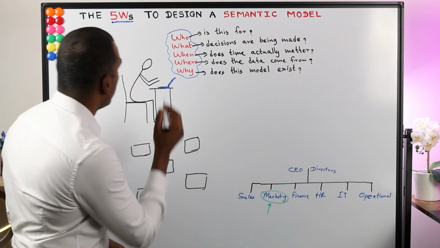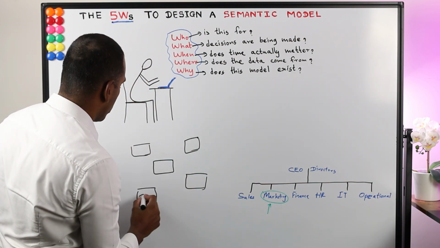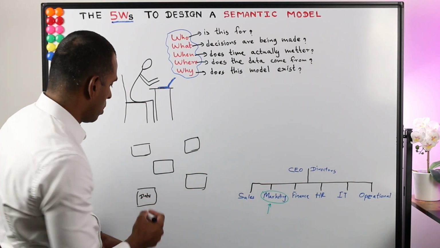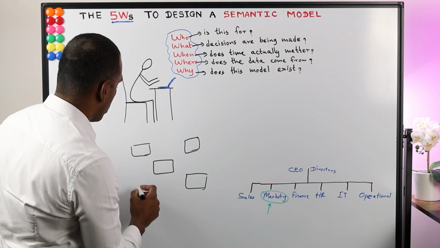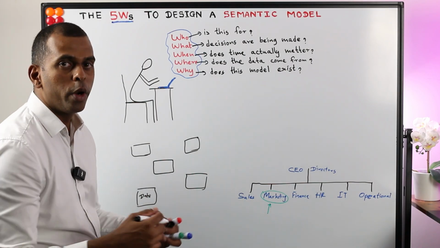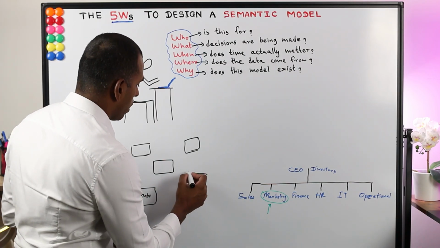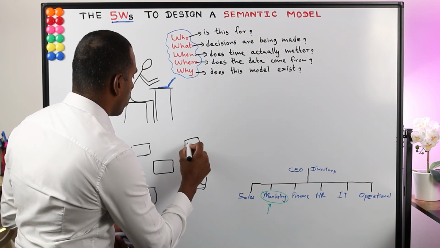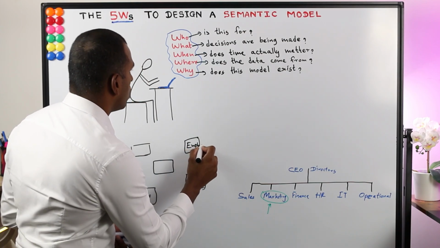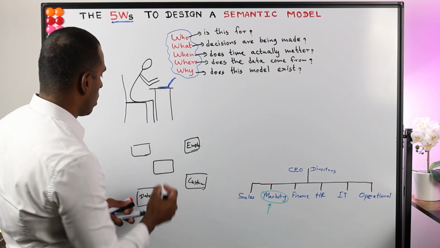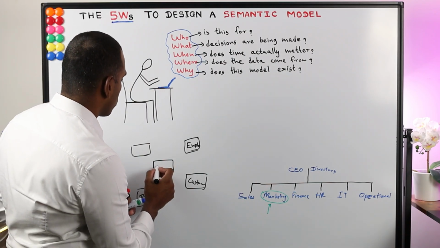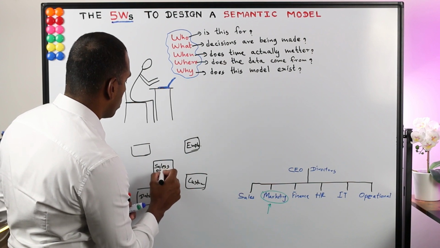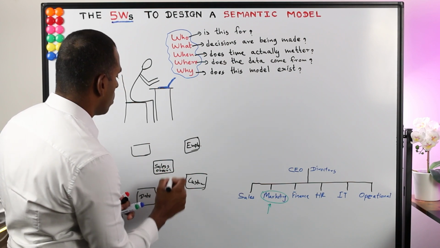When you think about time, which time affects, that affects the date table. And who is involved? Maybe customers, then employees. And what decisions are being made: the fact table, maybe sales data or order data, like that.